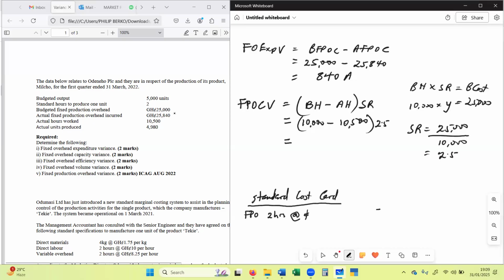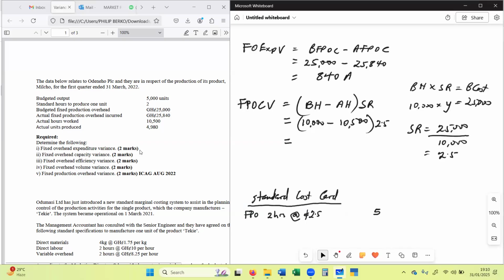So the standard fixed production overhead for a unit is 5. Based on that, we can get the rate: you divide 5 by 2, and that will be 2.5.